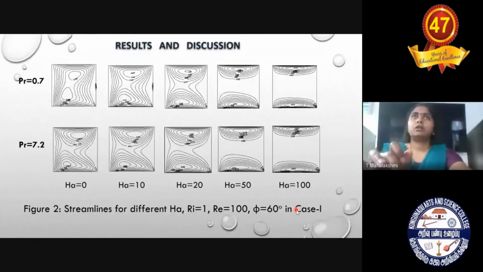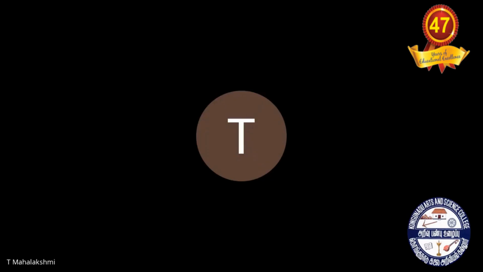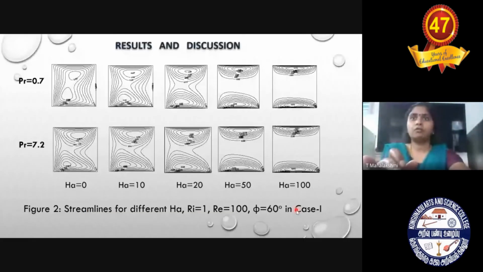We are considering the Origin software and Tecplot software to draw the streamlines and isotherms, and for drawing the mid-height velocity profile and average Nusselt number graphs, we can use the Origin software. And Tecplot software we can consider for both heat transfer analysis and for the mid-height velocity profile also.